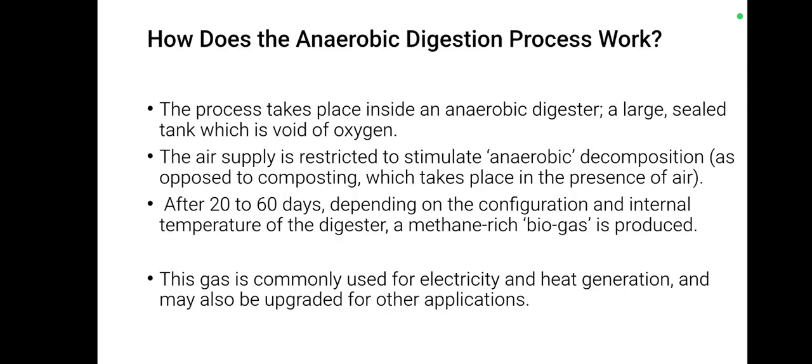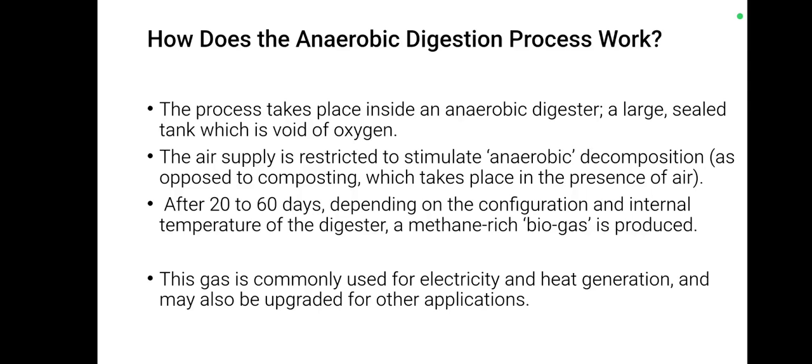How does the anaerobic digestion process work? The process takes place inside an anaerobic digester, a sealed tank without oxygen. The air supply is restricted to stimulate anaerobic decomposition. After 20 to 60 days, depending on the configuration and internal temperature of the digester, a methane-rich biogas is produced.